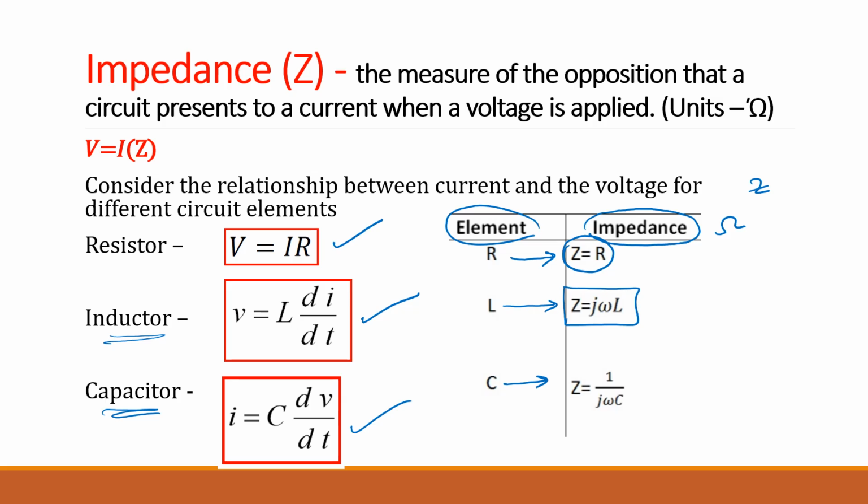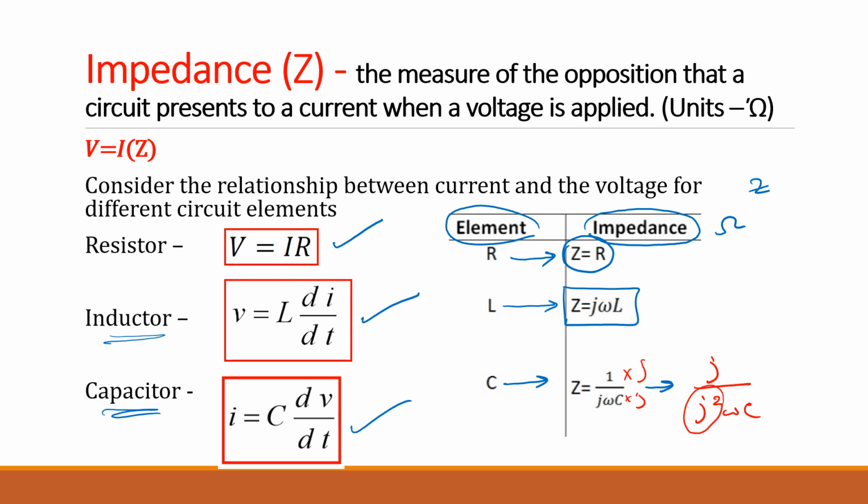For capacitors, it will be 1 over j omega C, or else we can convert this: if you multiply the top and the bottom by j, you get j over j squared omega C. Is that right? So j squared is negative 1, isn't it?